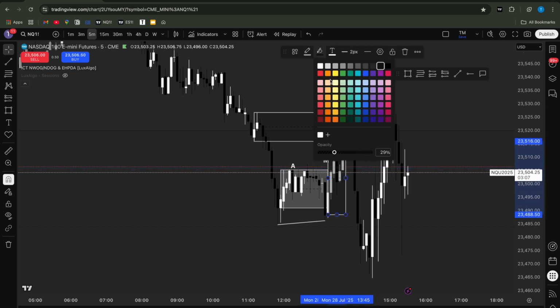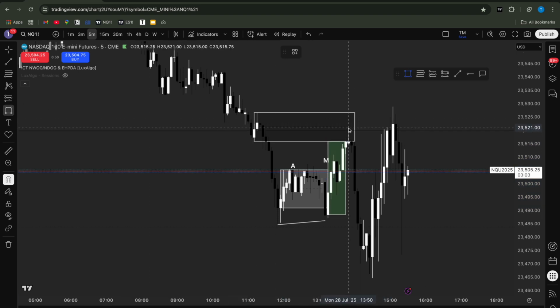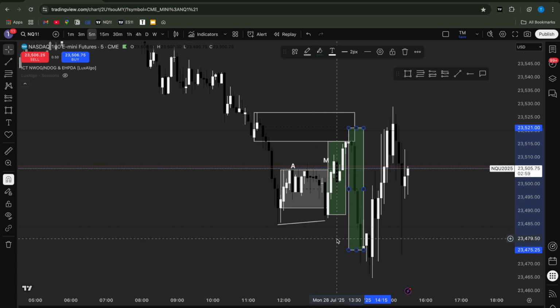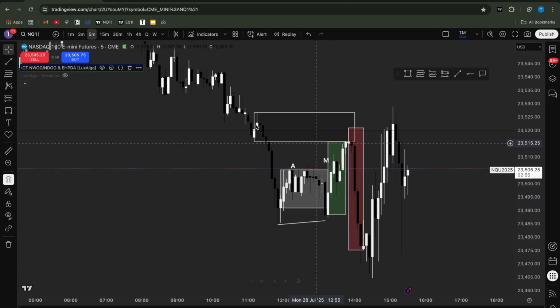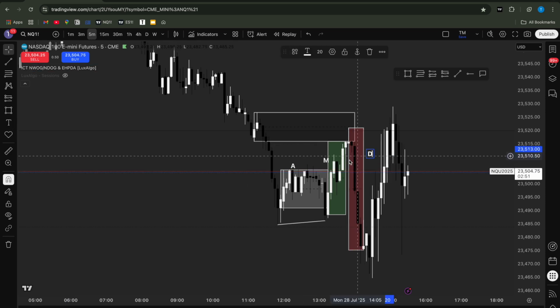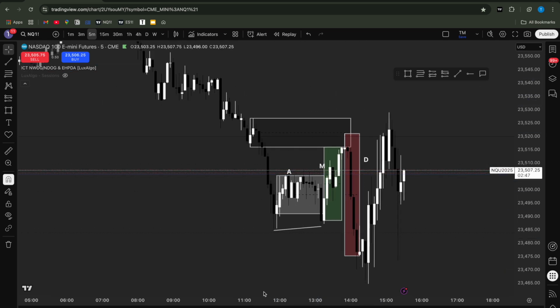It manipulates into the order block and then taps the CE, then distributes and takes out sell side. AMD. These two should be different colours, but it doesn't matter. It's just so you can spot it.